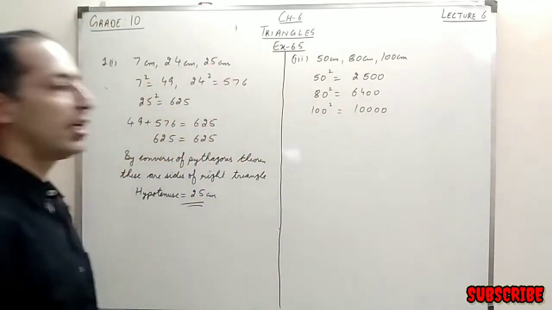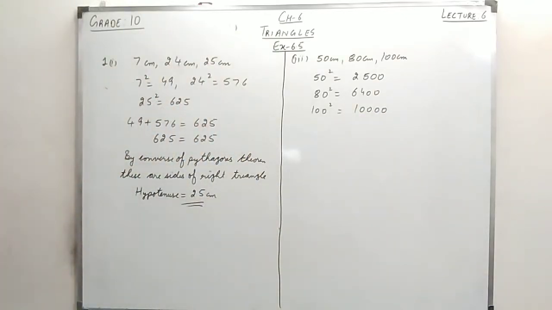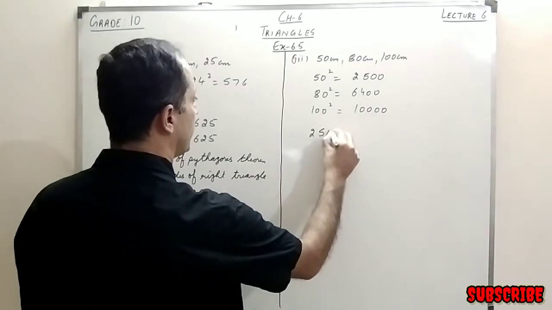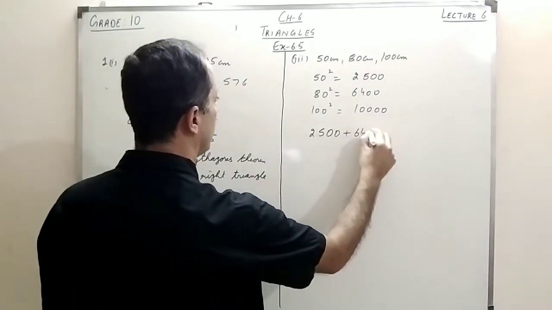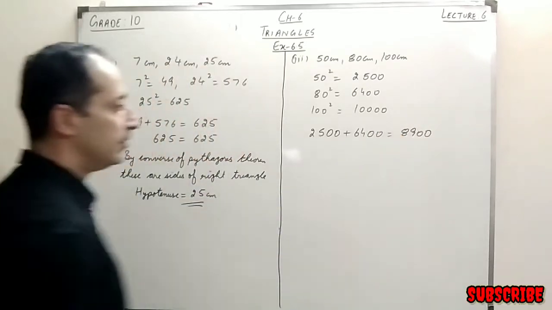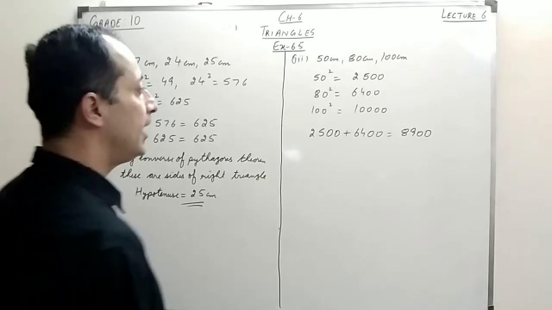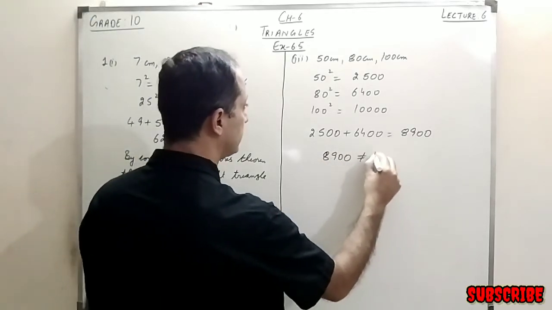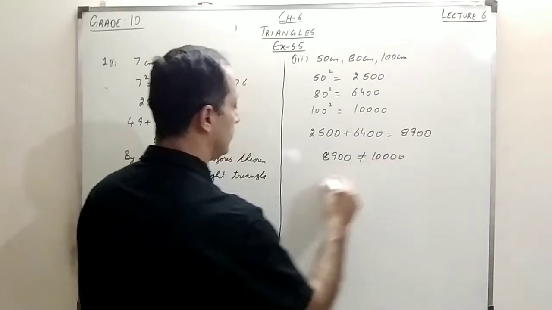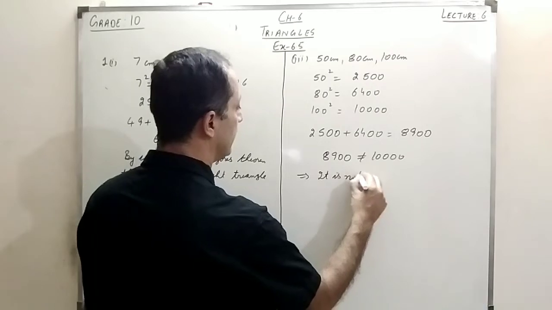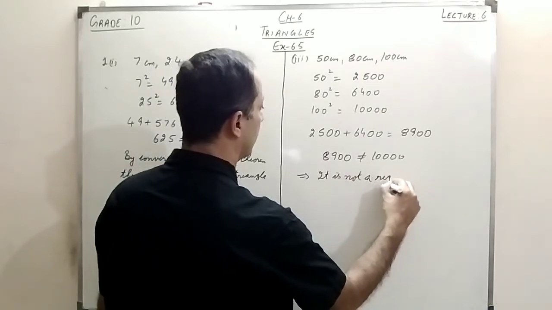Now if I add the squares of the smaller two sides, 2500 plus 6400, it gives me 8900. And you can clearly see this 8900 is not equal to 10,000. So we can say that simply it is not a right triangle.